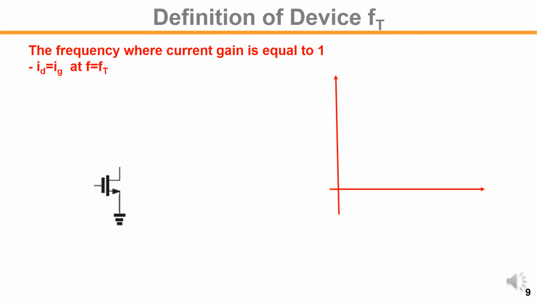So the device FT we will see here. Definitely, the device FT is the frequency where the current gain is equal to 1. If you apply the IG input current, we know that there is a CGS there, and ID will flow.